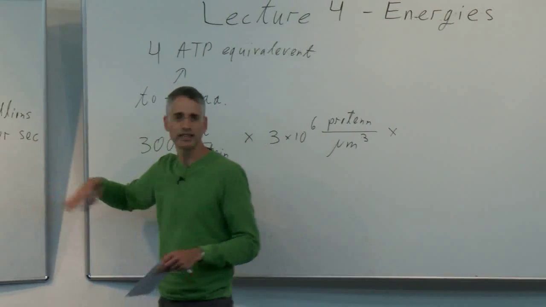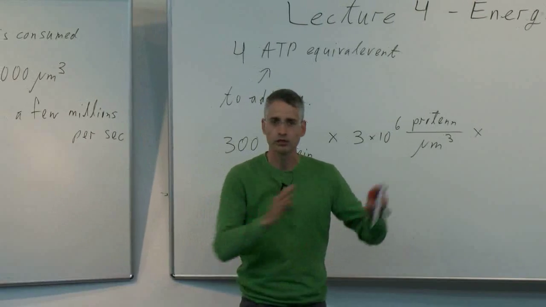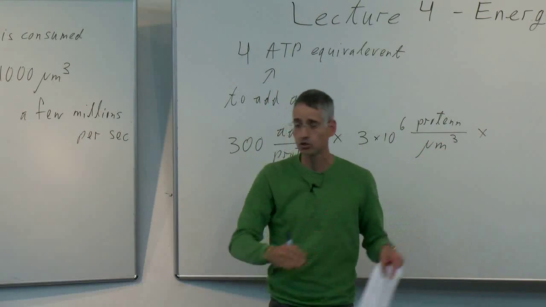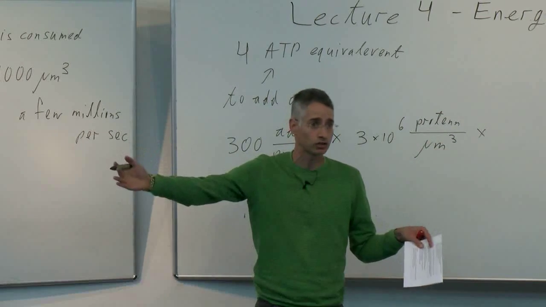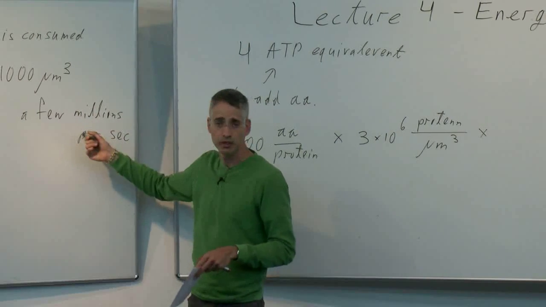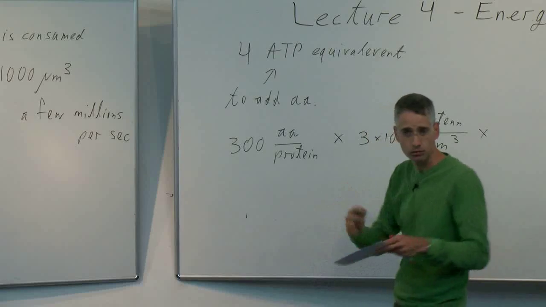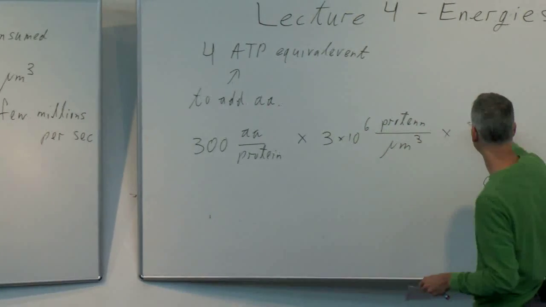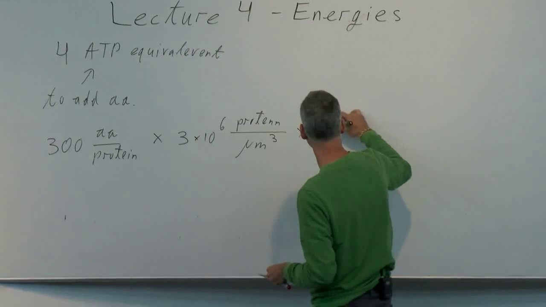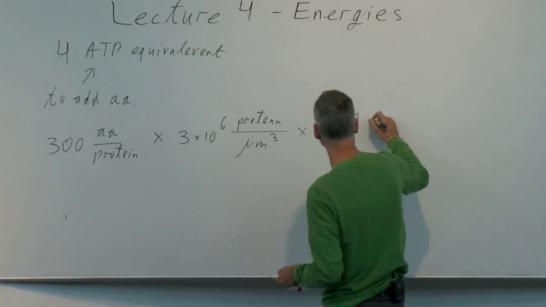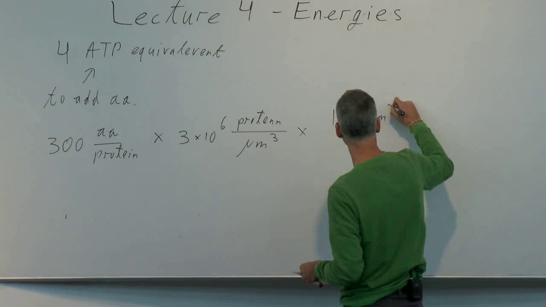This is what we calculated for the number of millions of ATPs. By the way, it doesn't matter if I do a different cell, it would be the same answer, as you'll see in a minute. Because if I have a cell that's 10 times larger, you'll have 10 times more ATPs, but then you'll also have 10 times more proteins. So it cancels, doesn't matter. But I'm talking about a cell that has 1,000 micrometers cubed.